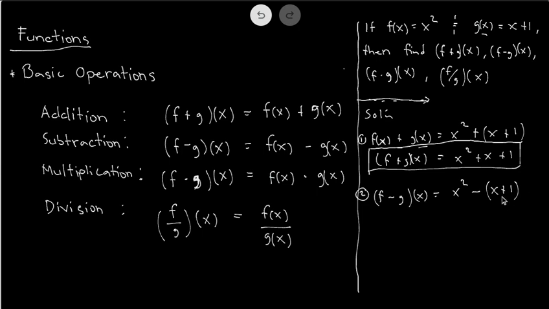Take note of the parenthesis class kasi f of x, ito si f of x minus g of x, ito yung g of x, x plus 1. So ang equal, magiging equal siya ngayon sa x squared minus x, diba? Minus x minus 1. Yan. Kaya siya nag minus 1 kasi naka-parenthesis yan kasi f of x minus g of x yan. I-minus mo yung buong g of x, yung buong g of x ang naka-minus sa kanya. Okay? Kaya yan ang sagot.